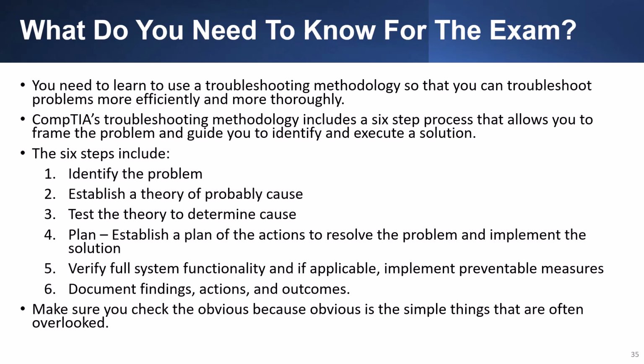The 6 steps include: identify the problem; establish a theory of probable cause; test the theory to determine cause; plan, which establishes a plan of action to resolve the problem, and implement the solution; verify full system functionality and, if applicable, implement preventive measures; and document findings, actions, and outcomes. Make sure you check the obvious, because the obvious is the simple things that are often overlooked.